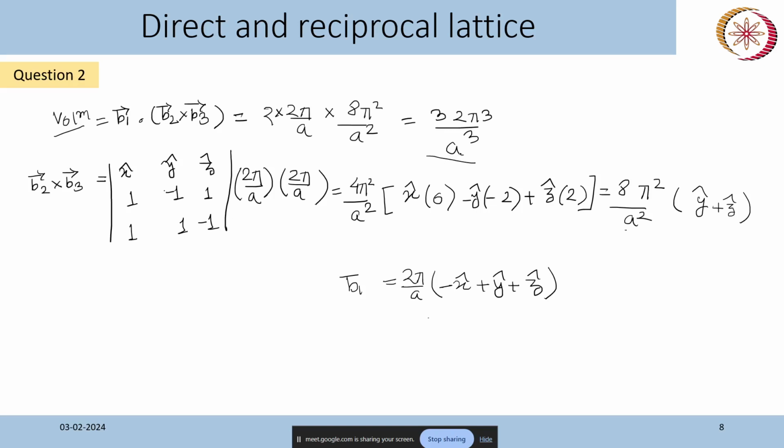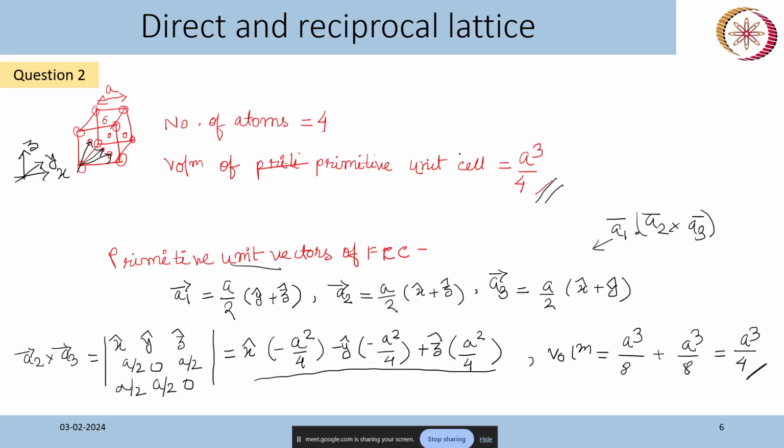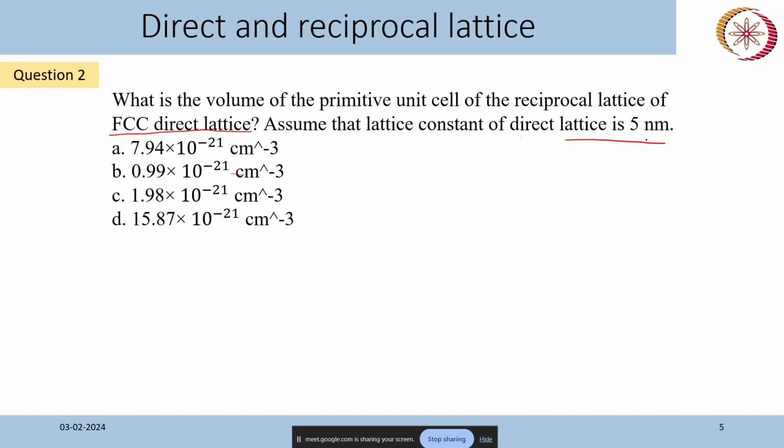In the question, it was given as 5 nanometer. So to get the answer, finally we got volume as 32 pi cube by a cube. So what will be the final answer?